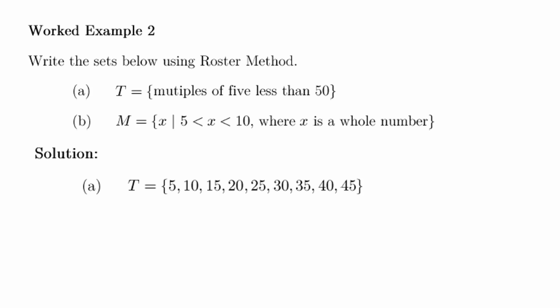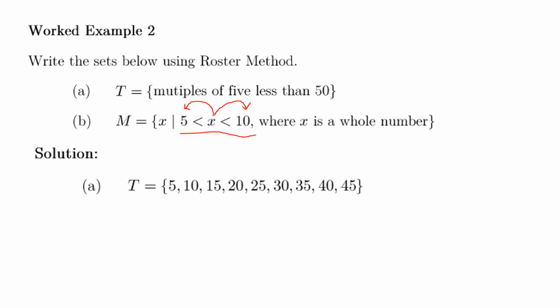So for letter B, we have here, how do we read this? We read this as set M is the set of all x greater than 5 but less than 10, where x is a whole number.